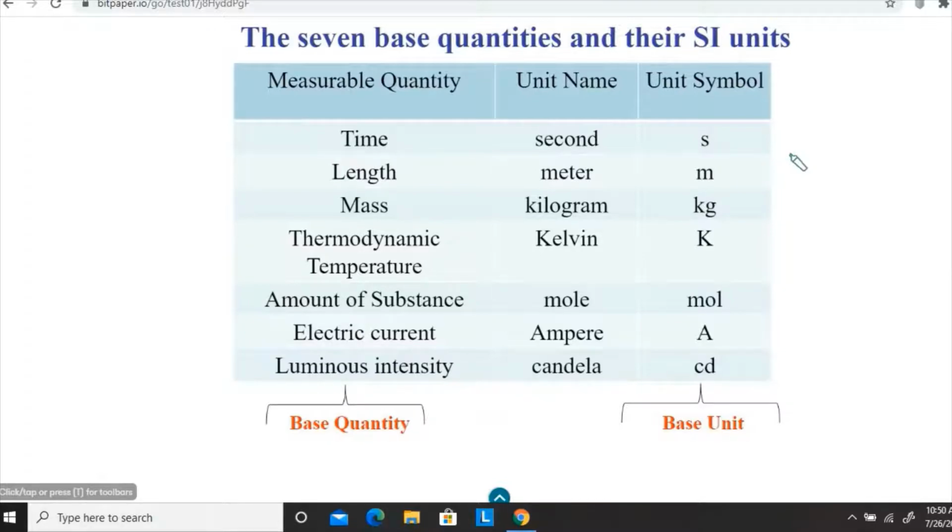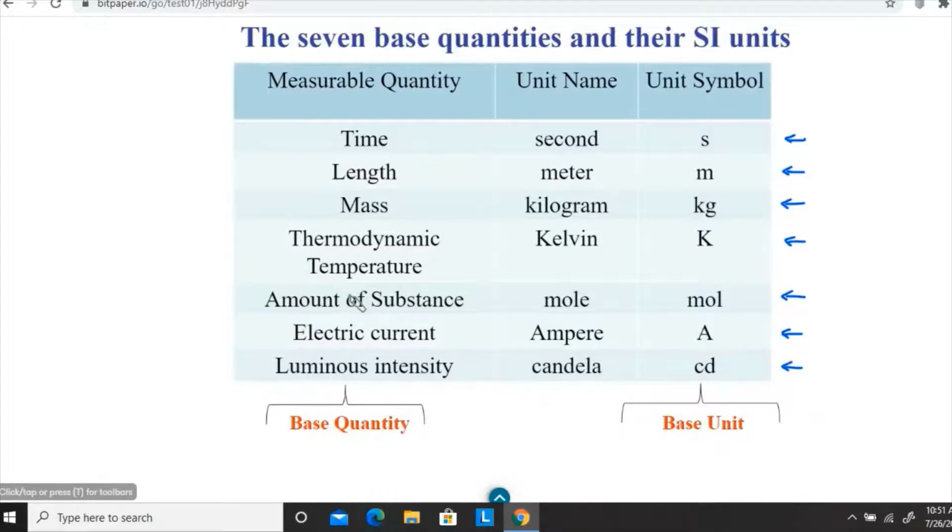For example, time is measured in seconds. Length is measured in meters. Mass is measured in kilograms, thermodynamic temperature is measured in kelvins, amount of substance is measured in moles, electric current is measured in amperes, and luminous intensity is measured in candela.